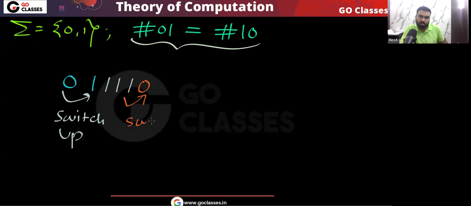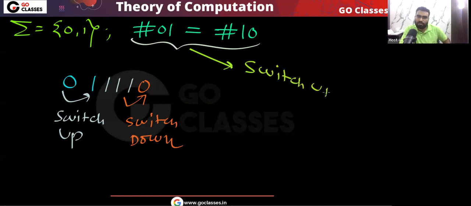Can I call it switch down? So however many up I have, the same number of down should I have. If I want this, then the number of switch up should be equal to the number of switch downs.